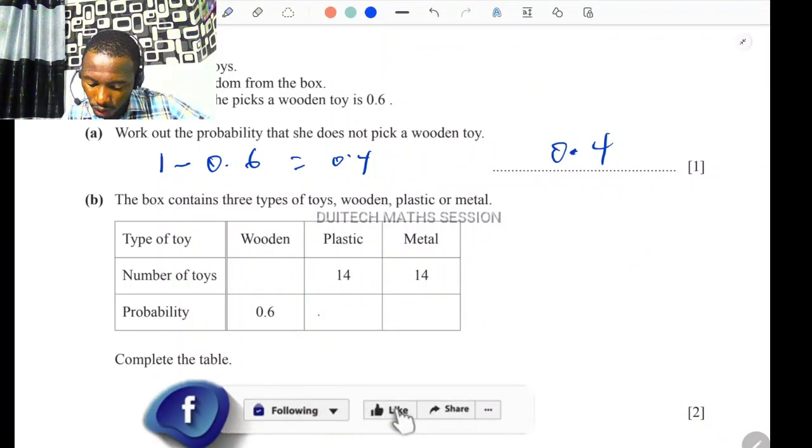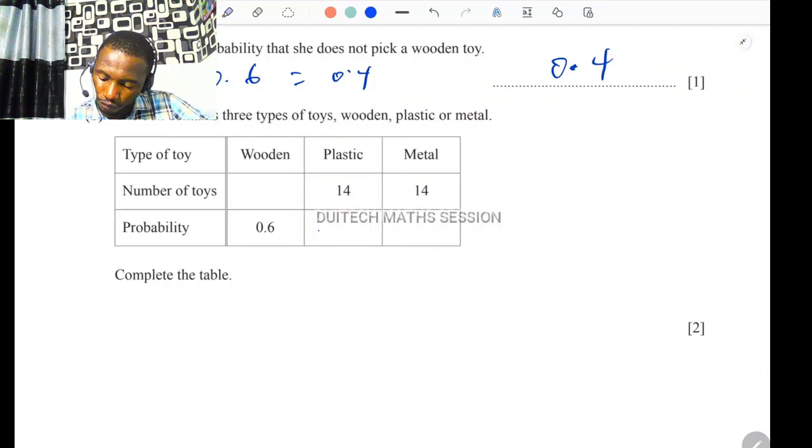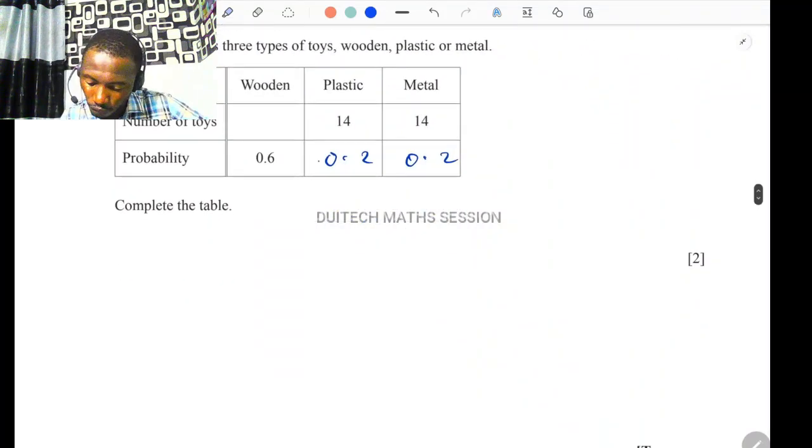So now the question is that we should complete the table. Since the total of the ones she did not pick is 0.4, we have to share 0.2, 0.2. So how do we calculate this particular one? Of course, we know that probability is the number of events over the sample space, right?